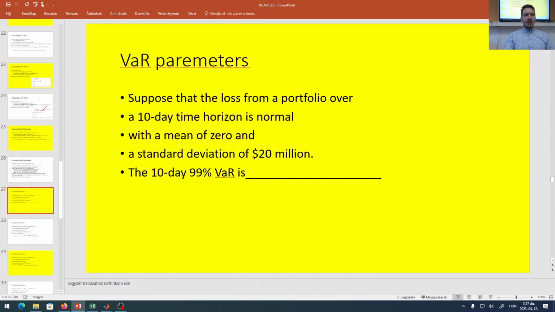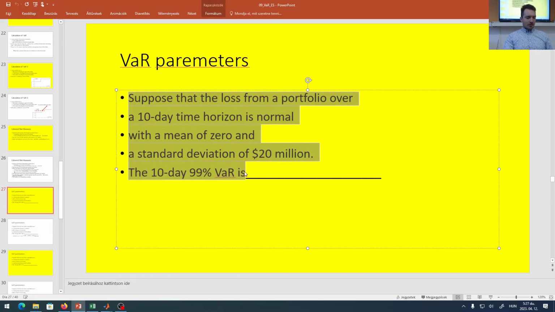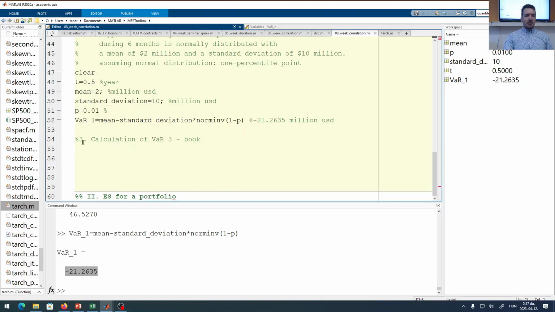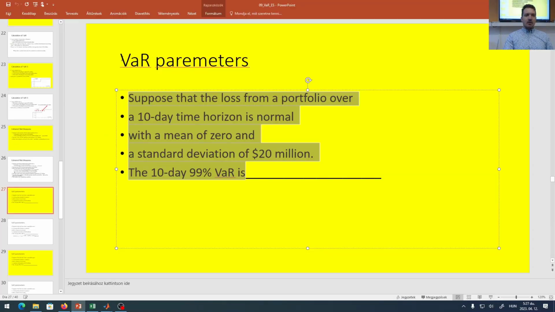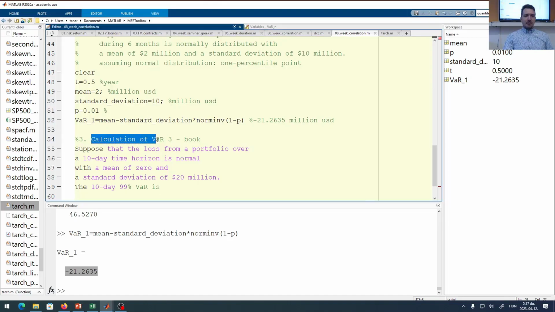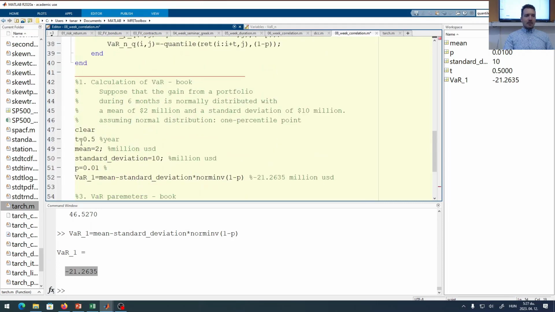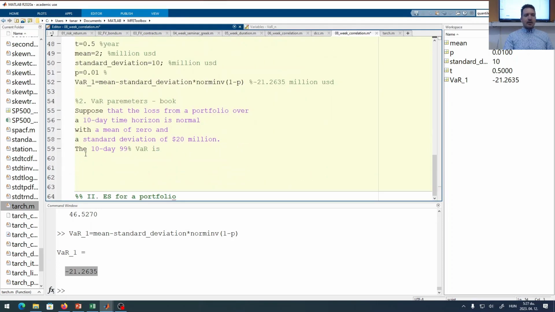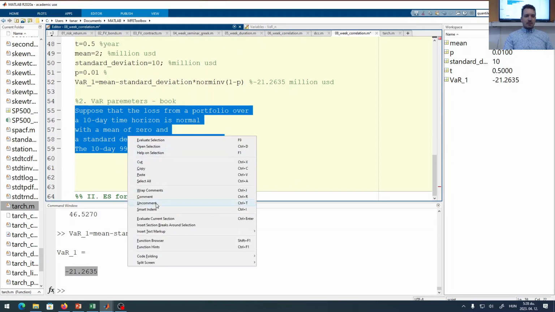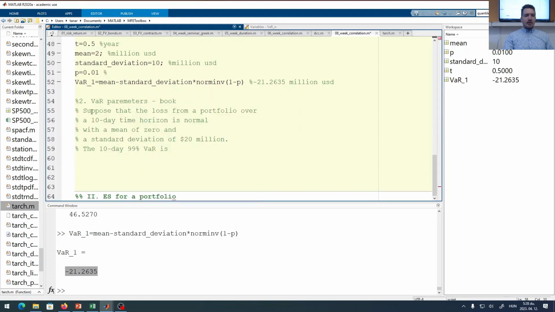But now something that we can work with in MATLAB, or parameters. This is the second one. Suppose there is a loss in the portfolio over a 10-day horizon. It's normal with mean 0 and standard deviation of 20. So first here, then VaR.